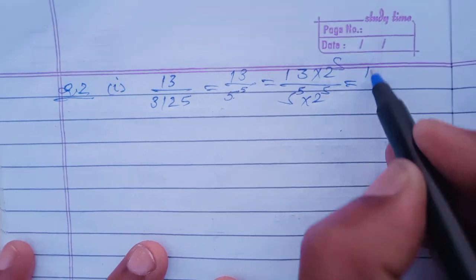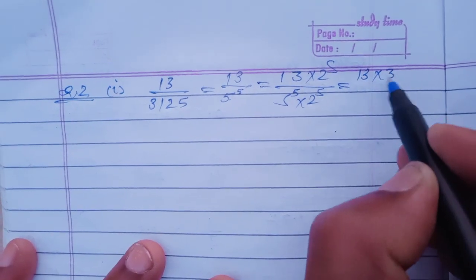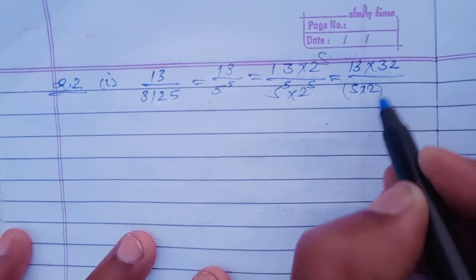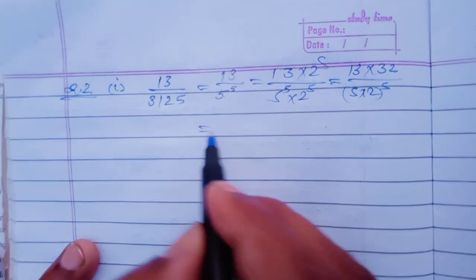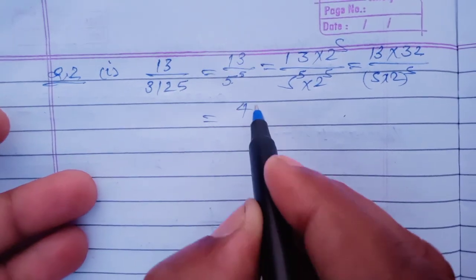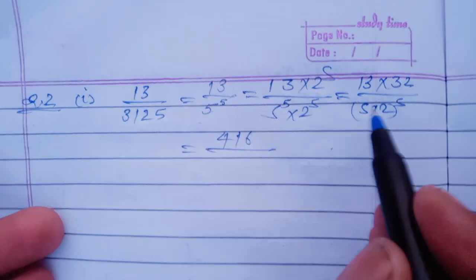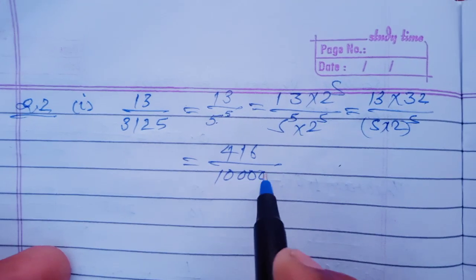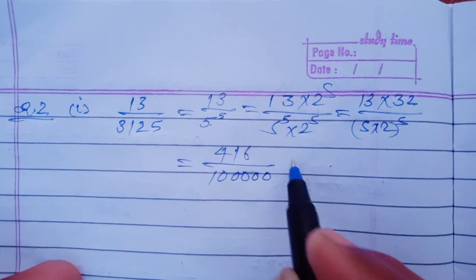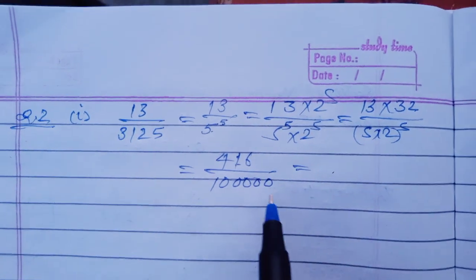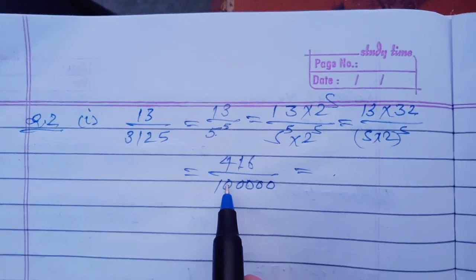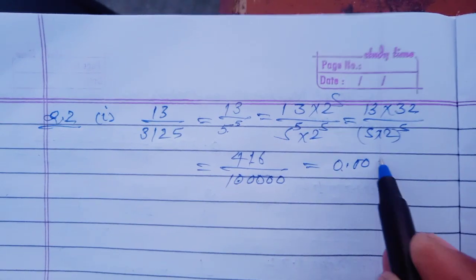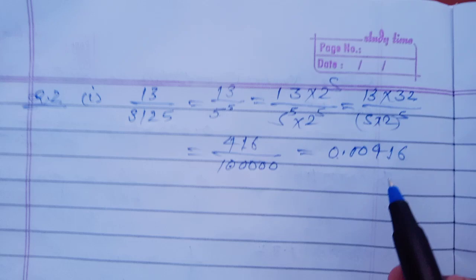So this is 13 multiply 32 by 5 multiply 2 whole power 5, which is 416 by 10 power 5. 10 power 5 means 1 followed by 5 zeros. So to convert it into decimal, there will be 5 decimal places, 0.00416.